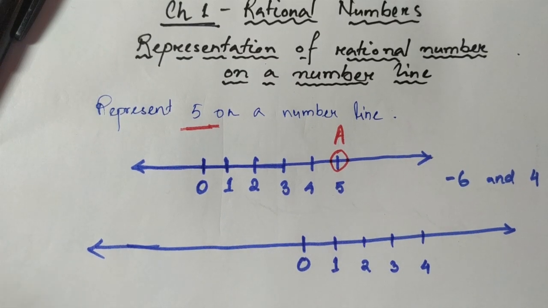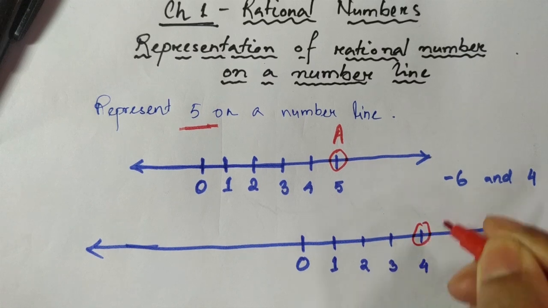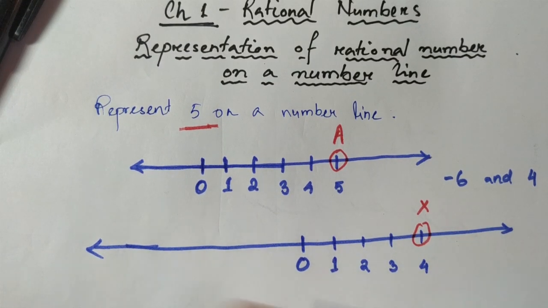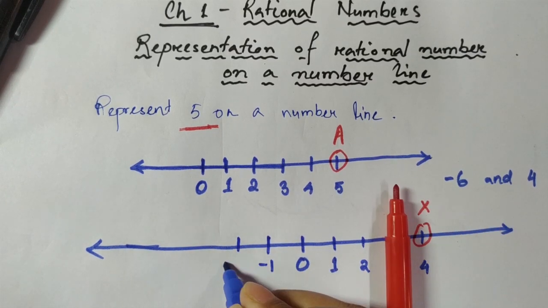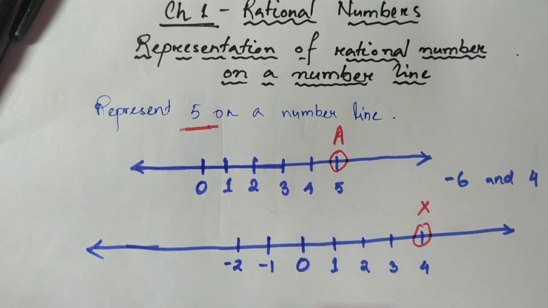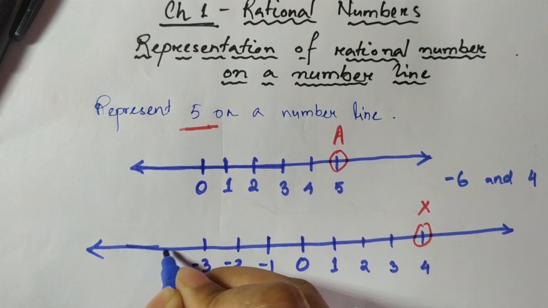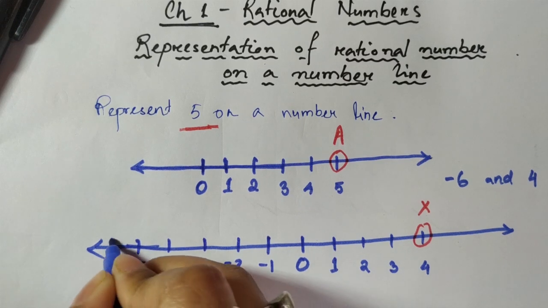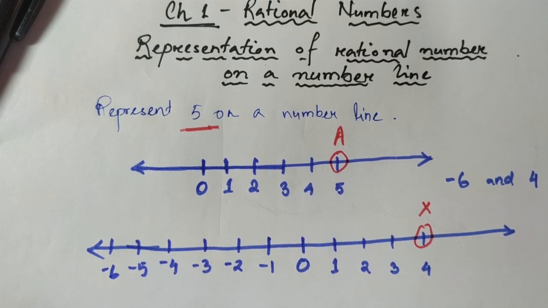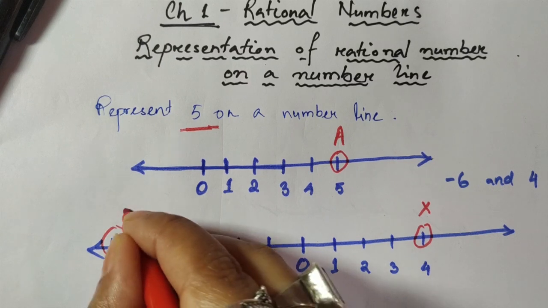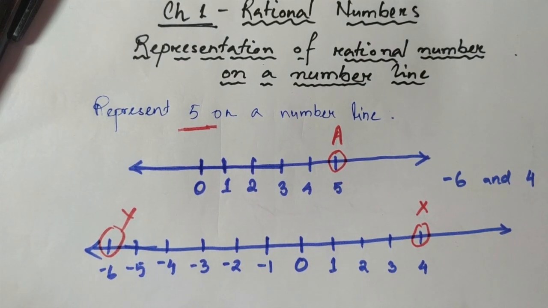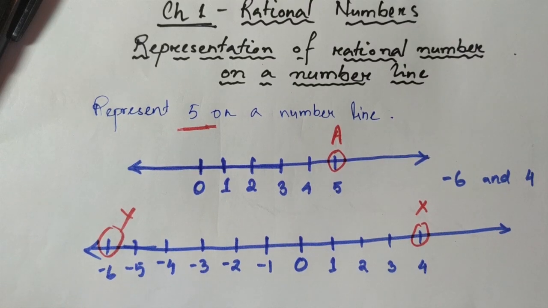This particular point, say this is my x, will represent 4. On the left hand side I have all the negative ones. Let me put -1, -2, -3, -4, -5, and one more, -6. This point, say this is my y, will represent -6 on the number line.